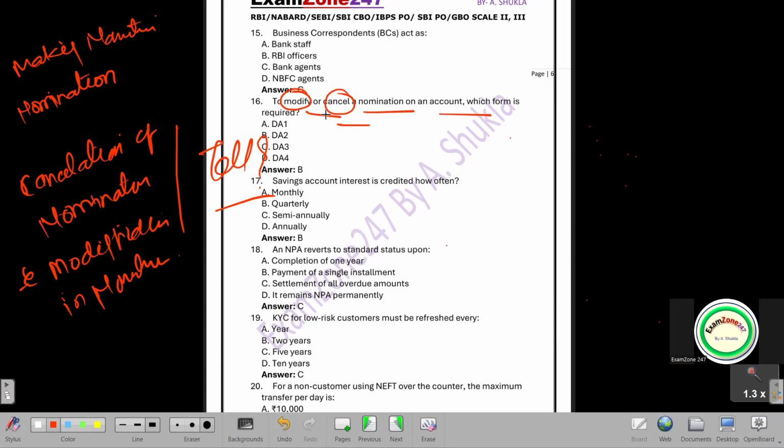Tell which form is used to modify and which is used to cancel.